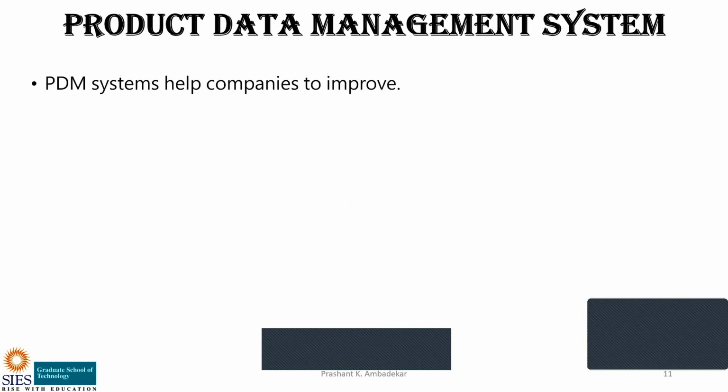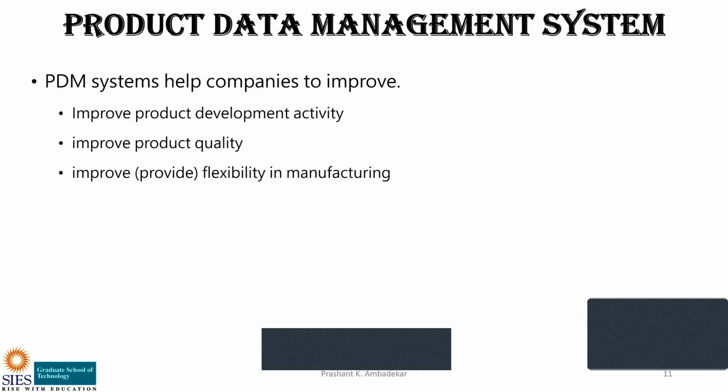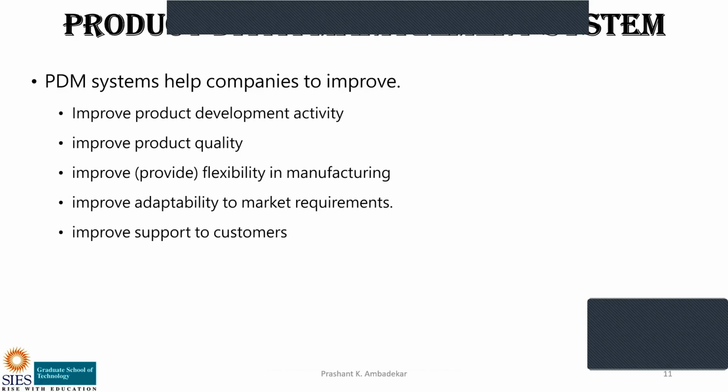A PDM system should help companies to improve the following: product development activity, product quality, flexibility in manufacturing, adaptability to market condition, and support to customer.